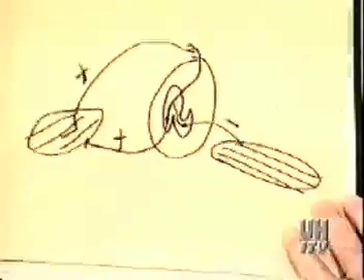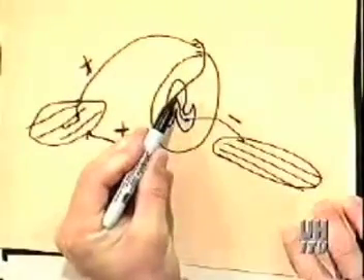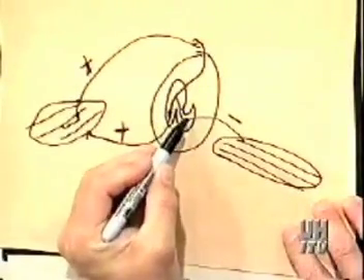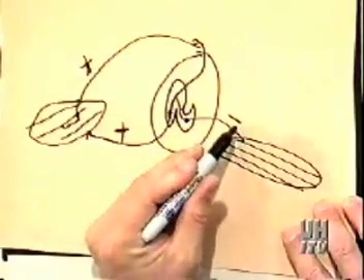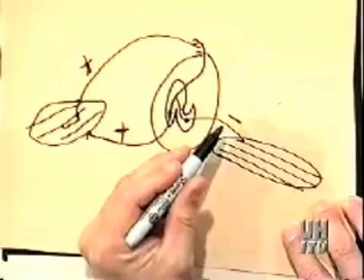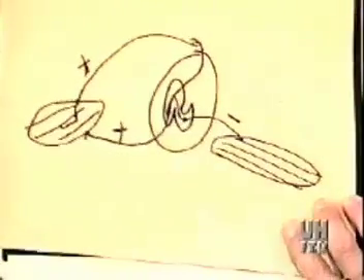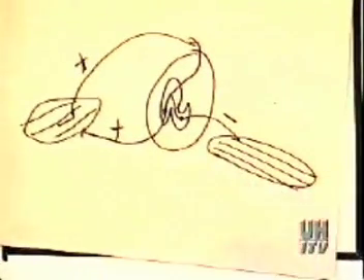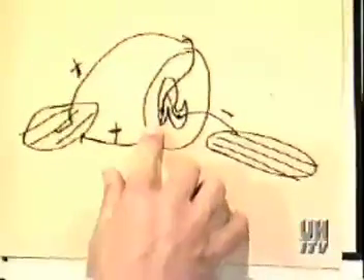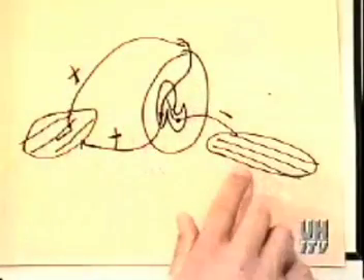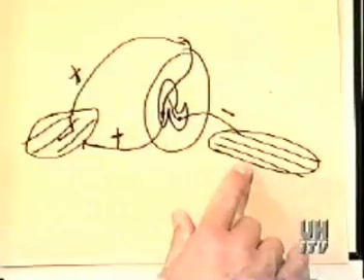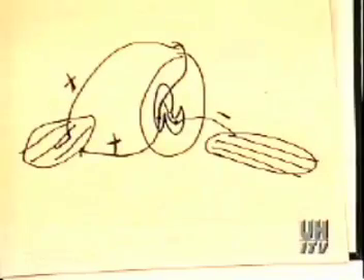What I'm trying to draw here is a little branch of the axon that goes over to the alpha motor neurons of the muscle on the opposite side of the joint, and it inhibits those alpha motor neurons. So that guarantees relaxation of the muscle on the opposite side of the joint. While it excites its own alpha motor neurons, the same muscle spindle signal inhibits the muscles on the opposite side of the joint.